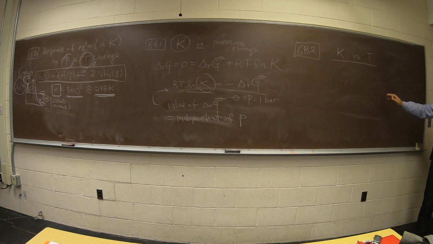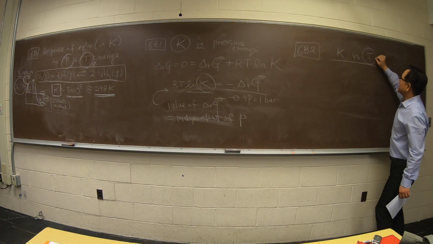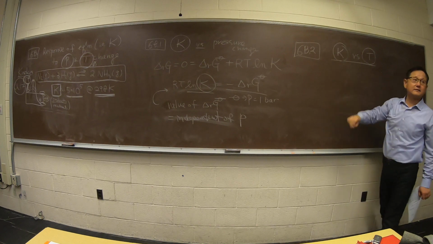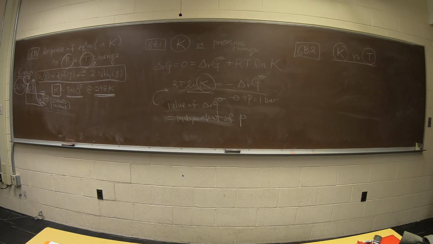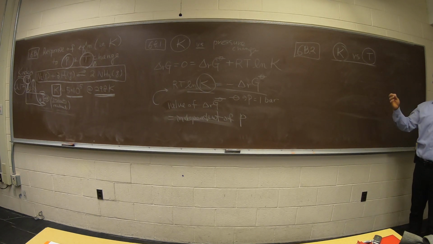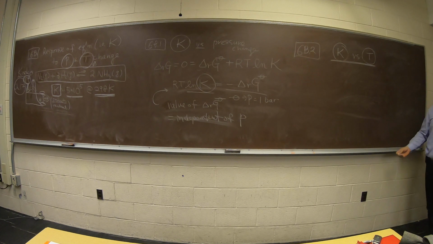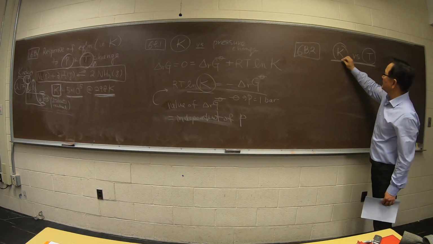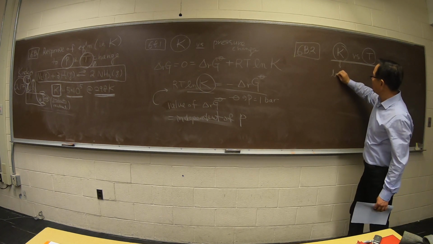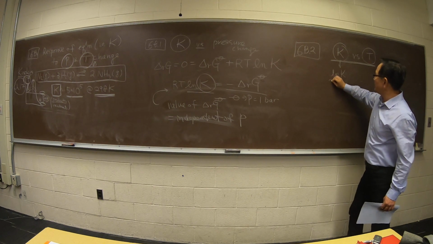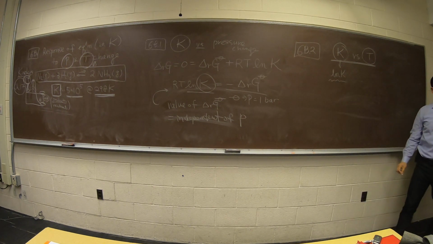Okay. So can I change my temperature to change my K? The answer is yes. And we have talked about a very similar form like this. I want you to develop some kind of eye for looking at this. K is changing, but what's really changing is ln K, which is the form that responds.